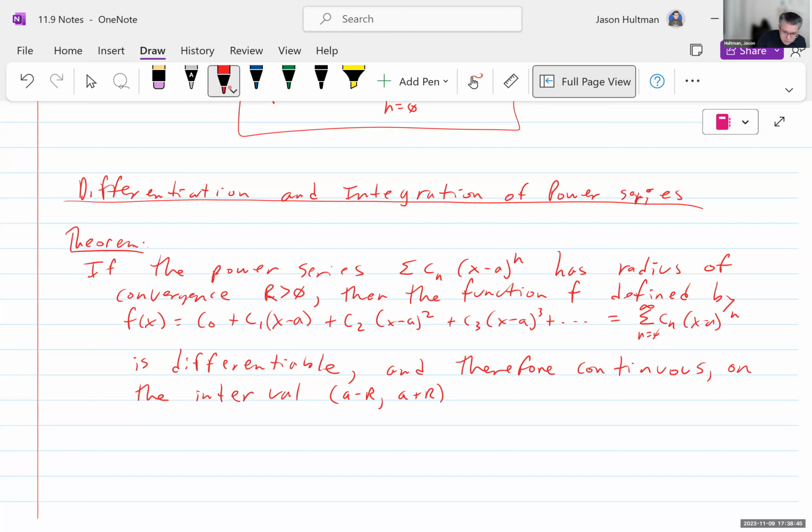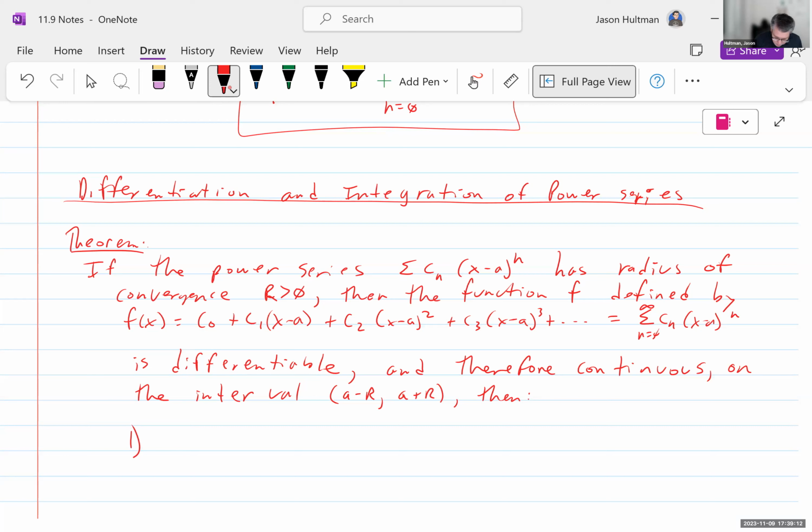Then we can simply differentiate term by term.